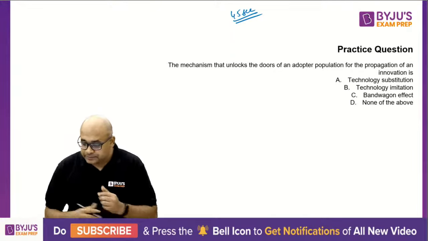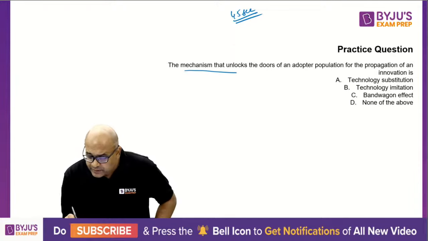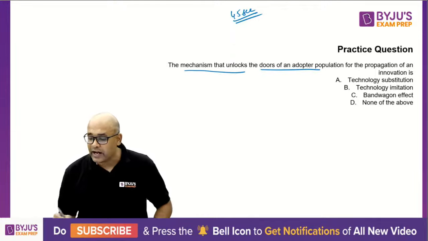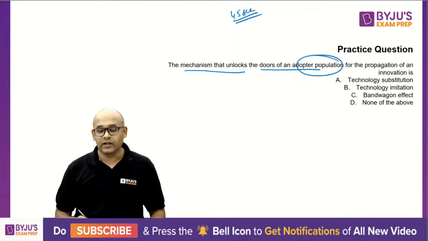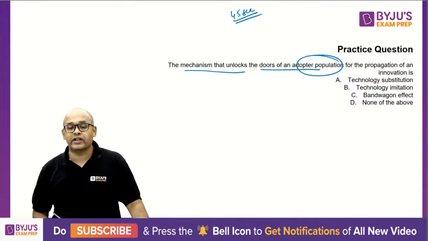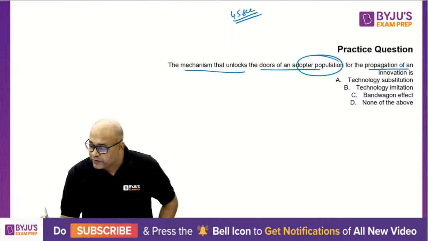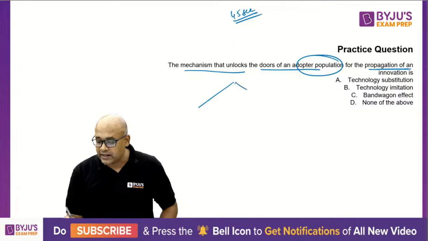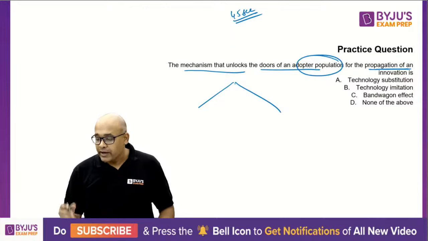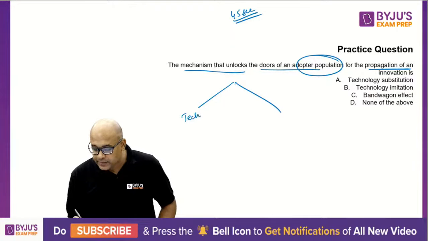Okay, let's go ahead. The question is, the mechanism that unlocks the doors of the adopter population for the propagation of innovation is. Now, when you're talking about the propagation of innovation, broadly speaking, this can happen in 2 ways. One is called technology substitution.